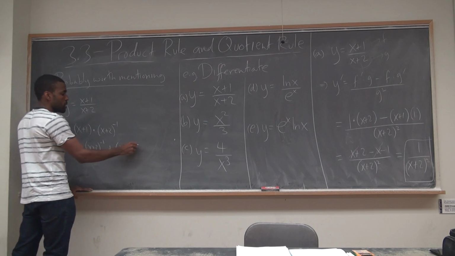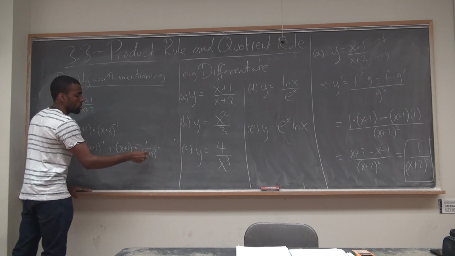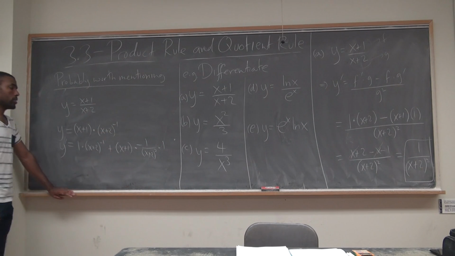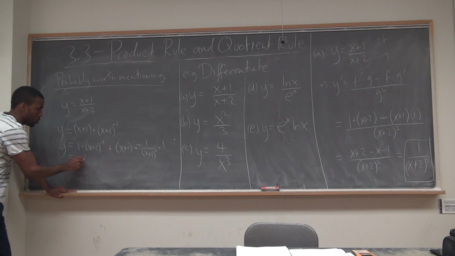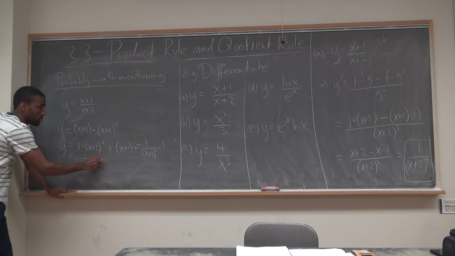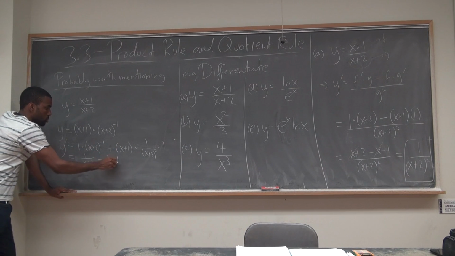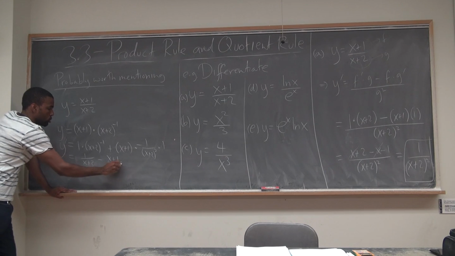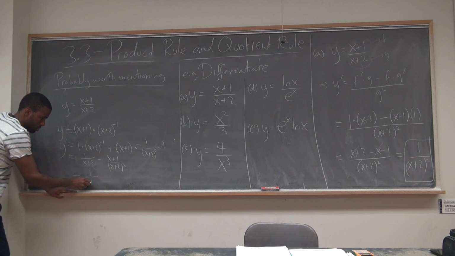We know that's going to be minus 1 over g squared times the derivative of g, which is 1. So this gives me 1 over x plus 2 minus x plus 1 over x plus 2 squared. And you'd end up getting the same thing.